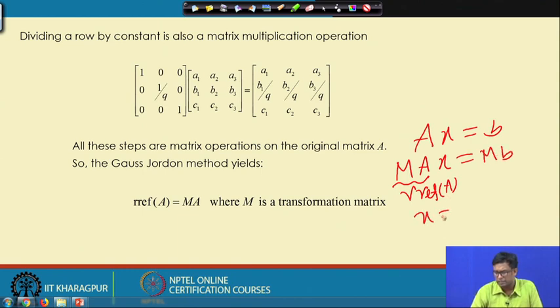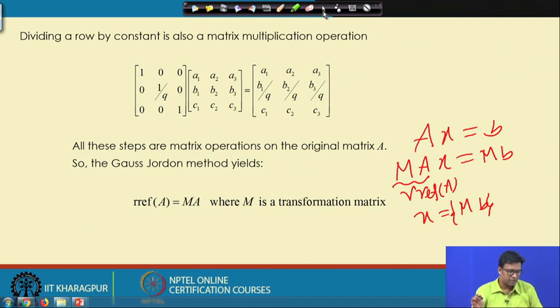Then x is equal to M b should be my solution vector. So, the matrix operations which transform A to the reduced row echelon form of A should be done on the right hand side vector b to give me the solution vector x.